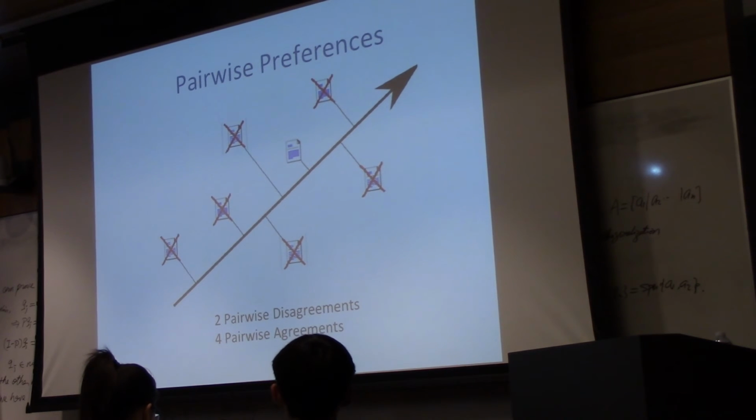The final set of ranking measures I'll talk about are based on pairwise preferences. Imagine that in a simple example there's one positive result and a bunch of negative results. Pairwise preferences says, let's look at all positive-negative pairings.